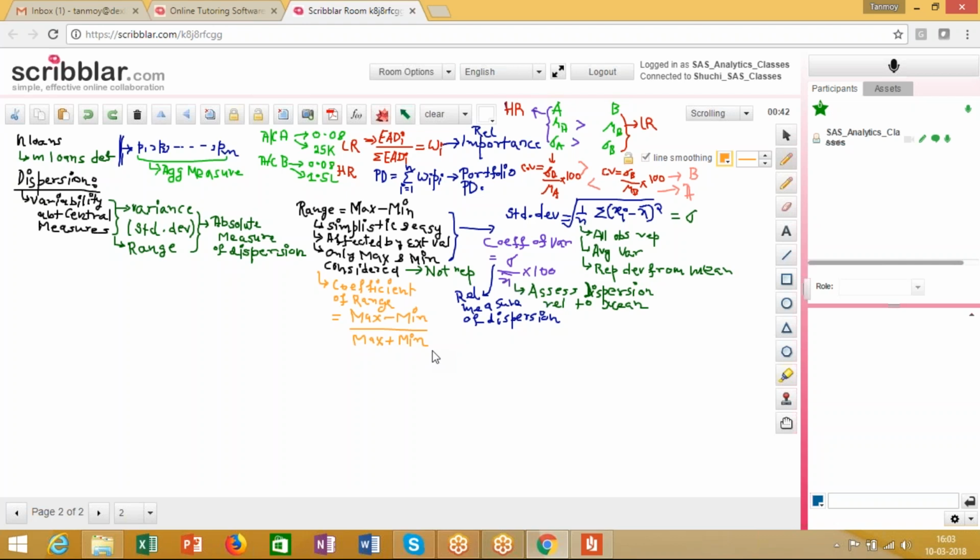So over here the coefficient of range is max minus min divided by max plus min, right? So max minus min gives the difference, divided by the sum of the two. So this is another alternate measure, but it is not a very widely used measure. People generally report the range and they report the coefficient of variation among the relative measures of dispersion, right?